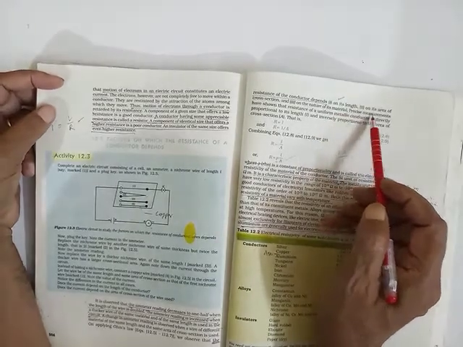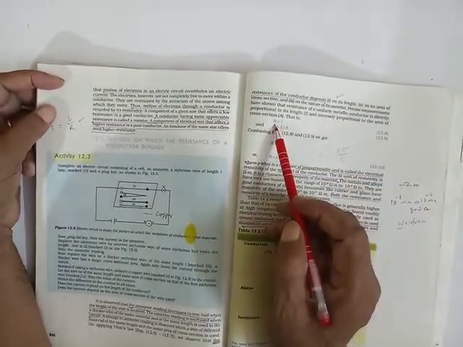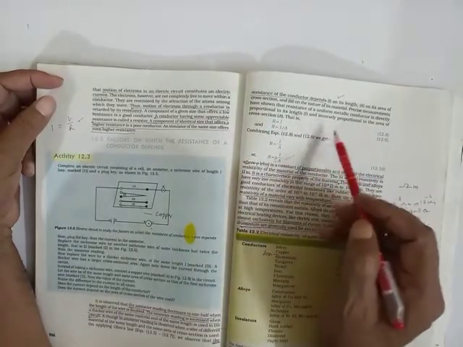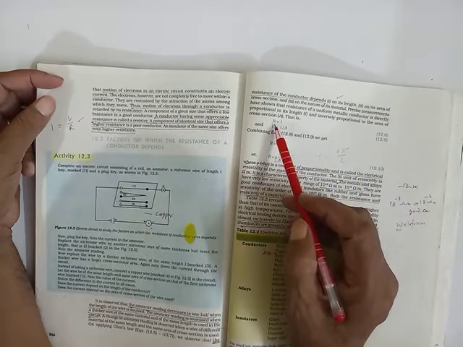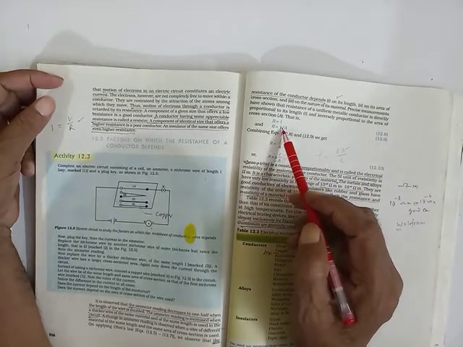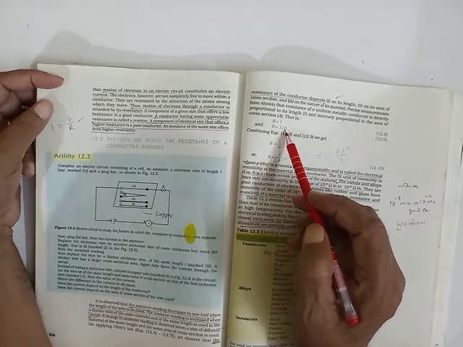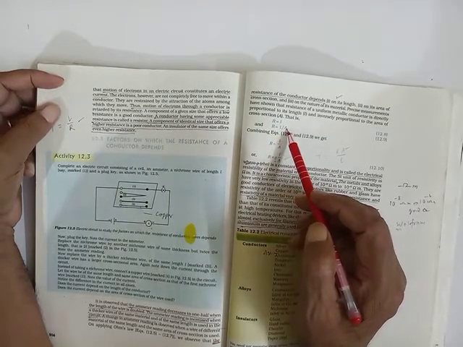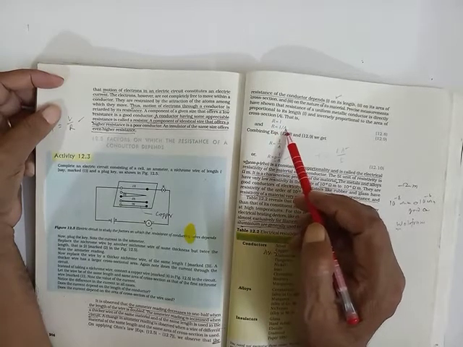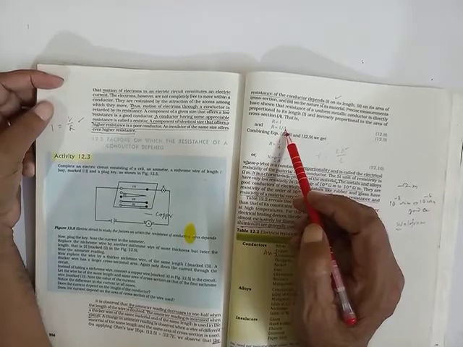Now, if you combine mathematically these factors, R is proportional to L, and R is proportional to 1 by A. A is the area of the cross section.